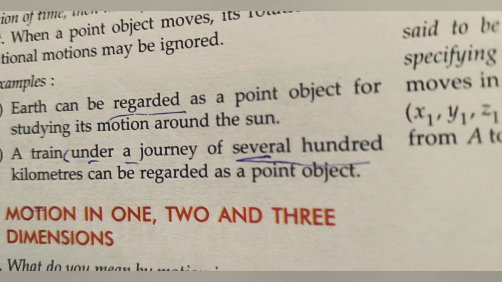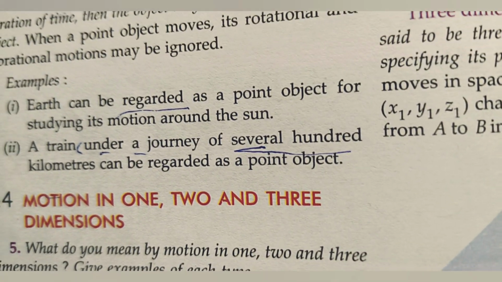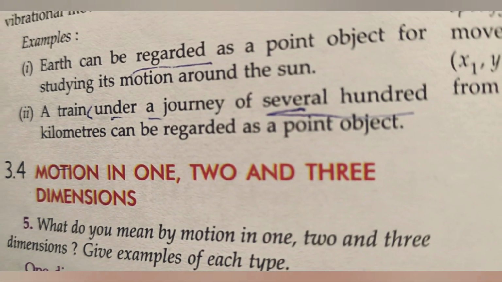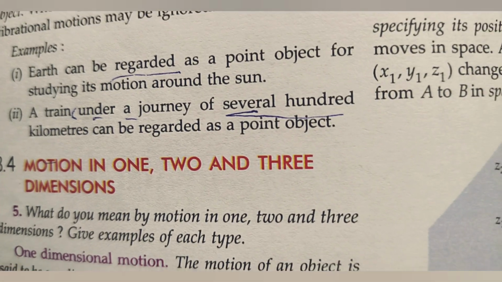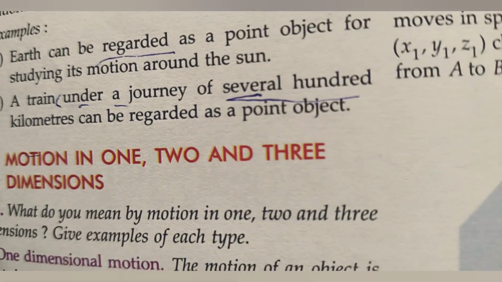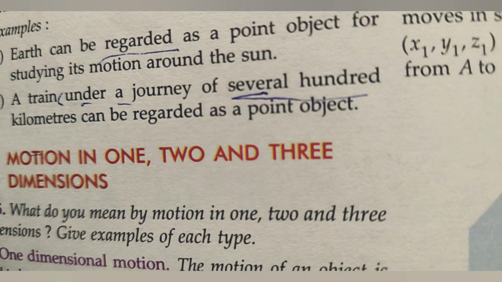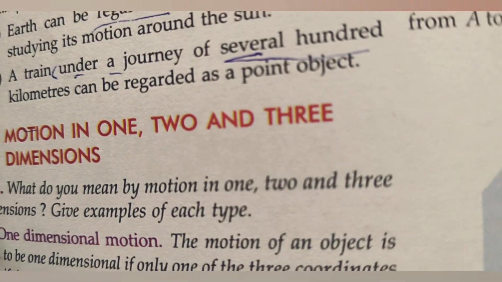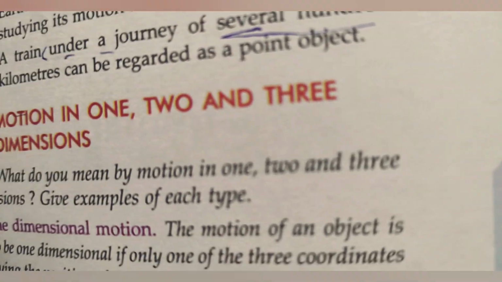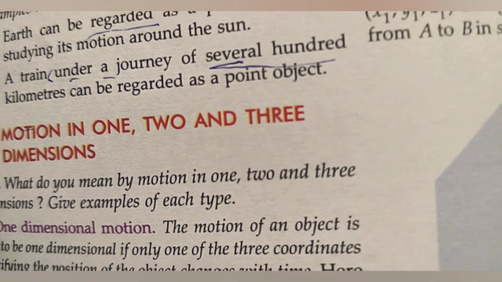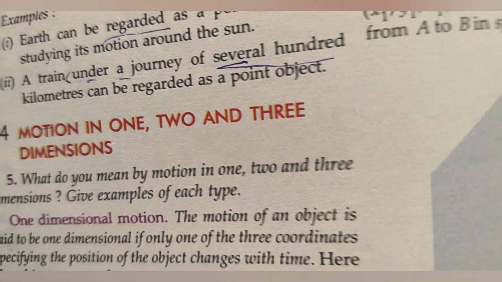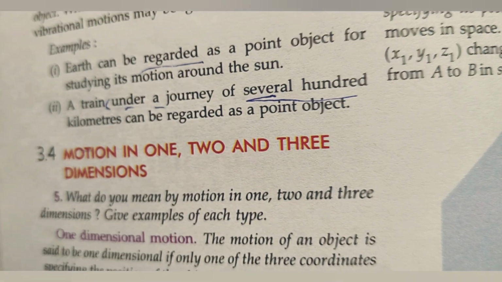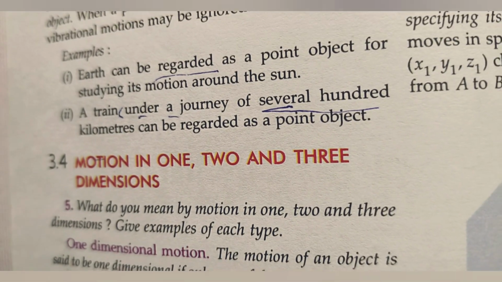So considering that motion of several hundred kilometers, the dimension of the train is much smaller than the 700 kilometer distance covered by the object. With respect to that, we can say that the train will be termed as a point object or point-like object.